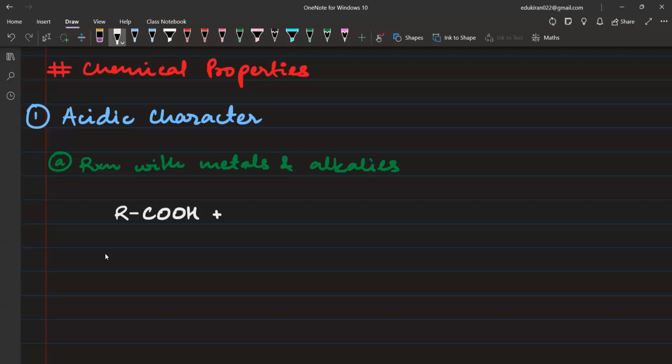RCOOH plus sodium, it is going to react because acids react with metals and it gives you H2 gas. Okay, so you will have RCOONa plus H2. Okay.